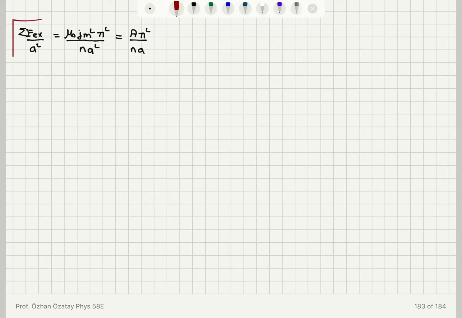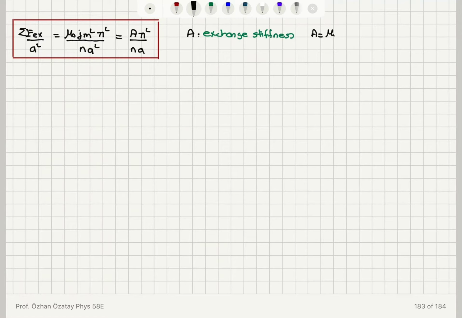I'm going to define this exchange stiffness now. So this is the exchange energy per area of the wall. Okay, so this A, I call the domain wall exchange energy per length. So A, I define as exchange stiffness and it is equal to mu 0 j m squared, the exchange energy per length.